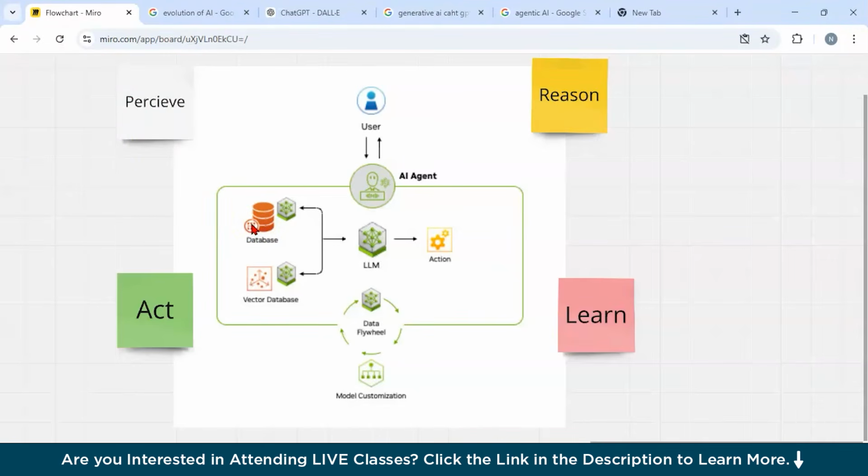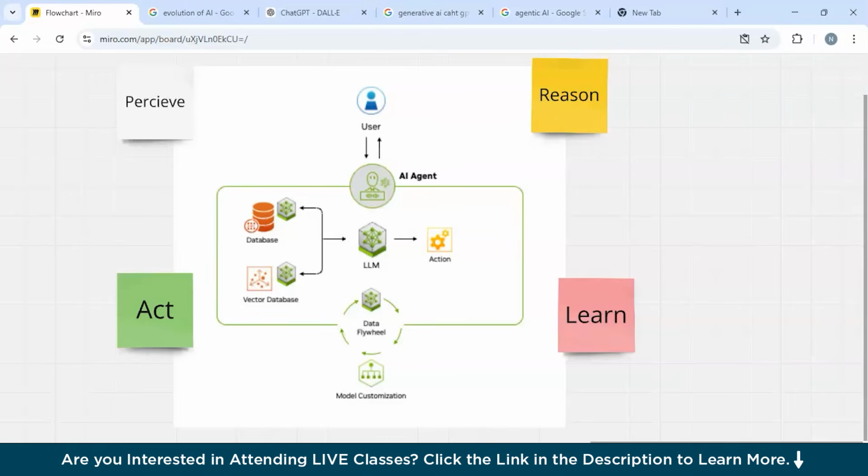It could also be from APIs, fetching real-time information from external systems, or from IoT sensors for real-world applications like robotics and logistics. And it could take data from user inputs, like text commands, voice commands, or a chatbot interaction.